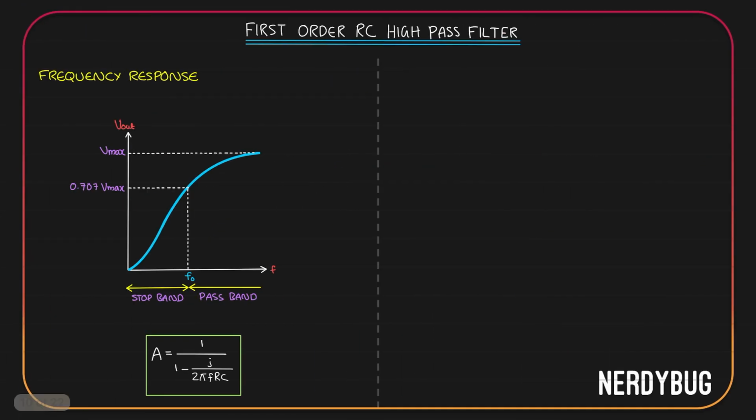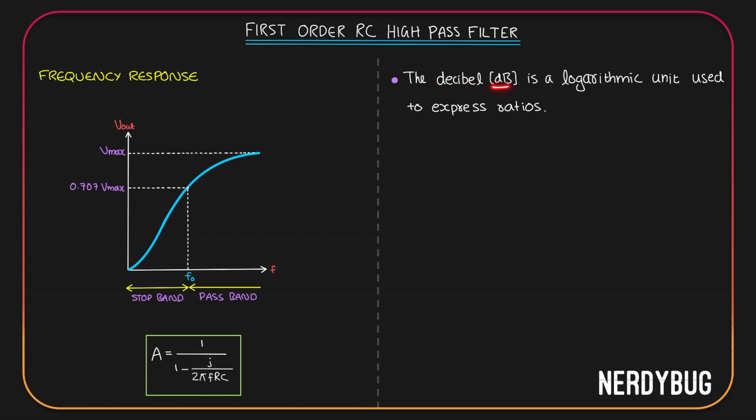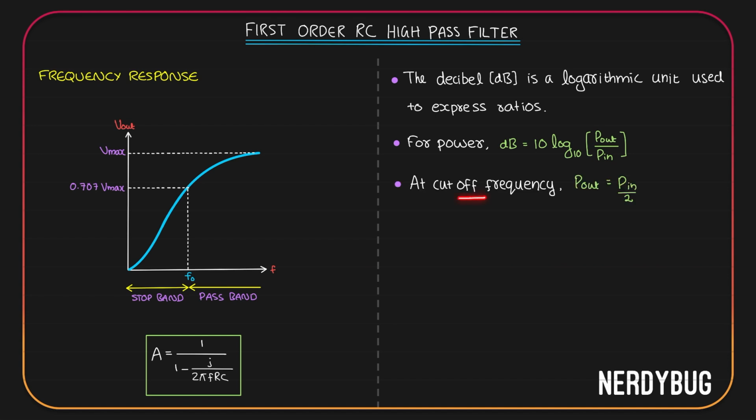Let us now define cutoff frequency in a different unit. The decibel, denoted by dB, is a logarithmic unit and it is used to express ratios. If we talk in terms of power, decibel is denoted as 10 log to the base 10 of P output divided by P input. But we have considered that at cutoff frequency, output power should be half of the input power.